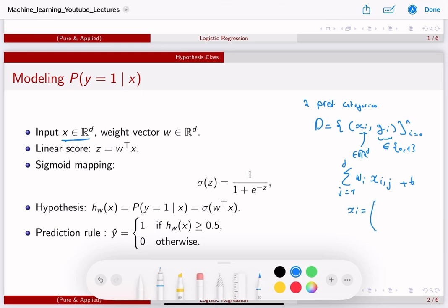Let me write this notation. Remember, each x_i can be written as x_i1 through x_id. It's a feature vector. We're going to look at a weighted linear combination of the features inside a feature vector, and we're going to add a bias term.